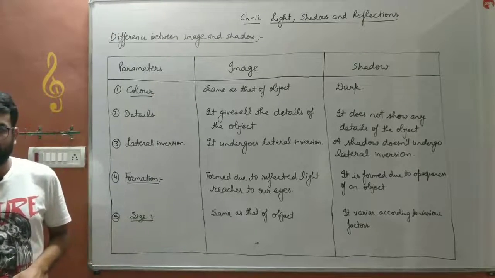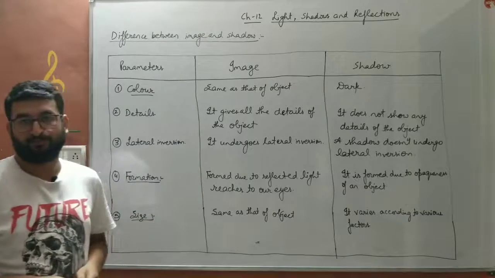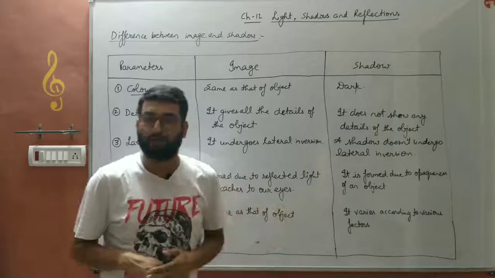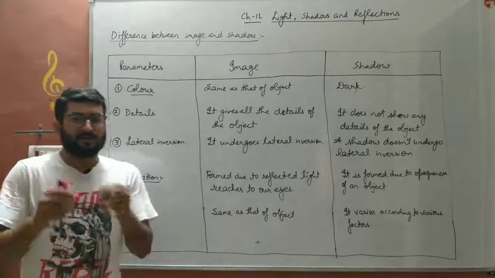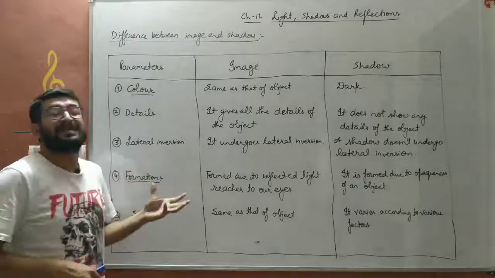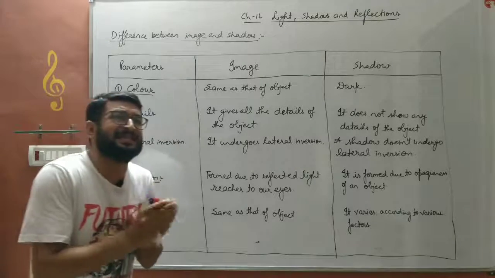Now we will discuss the difference between an image and a shadow. There are certain parameters on which we differentiate image and shadow. The first parameter is color. The image of an object is formed of the same color as that of the object.